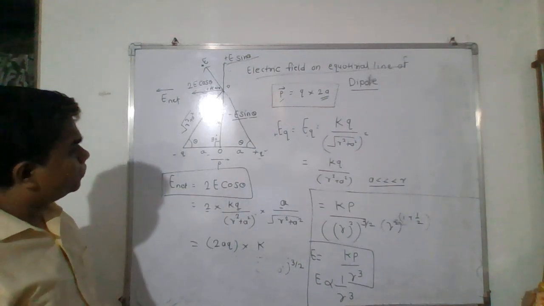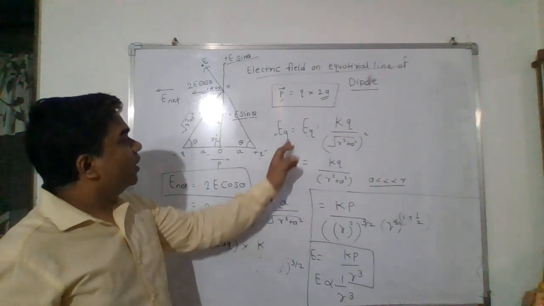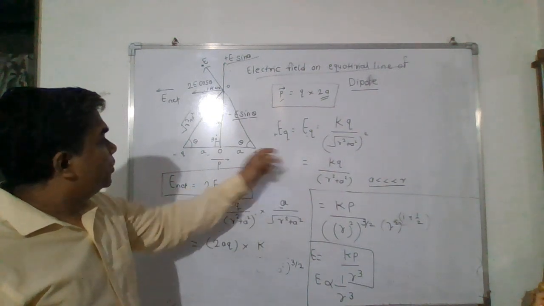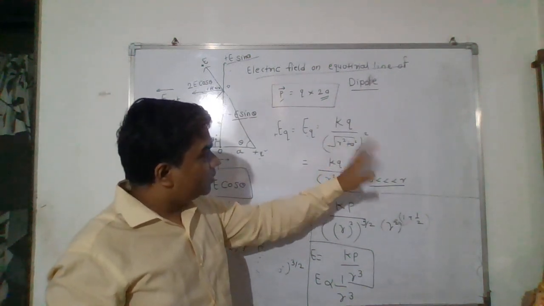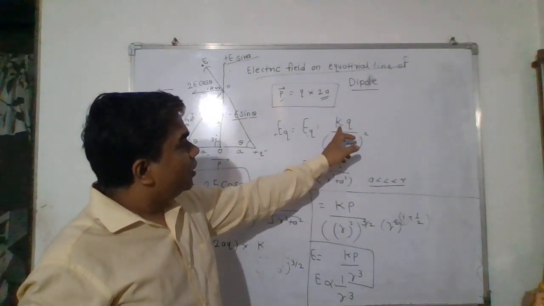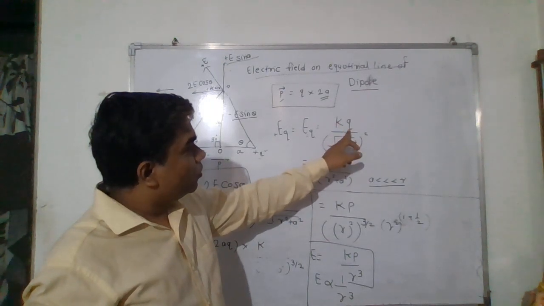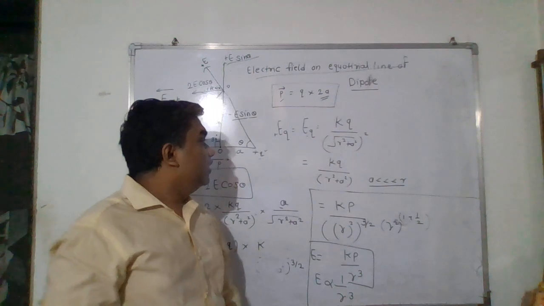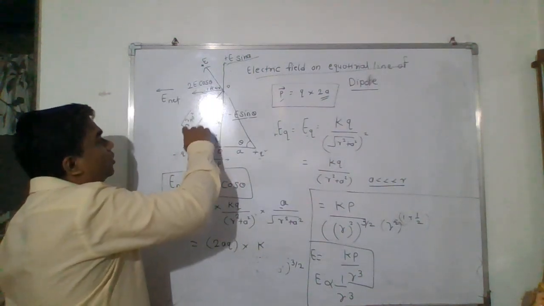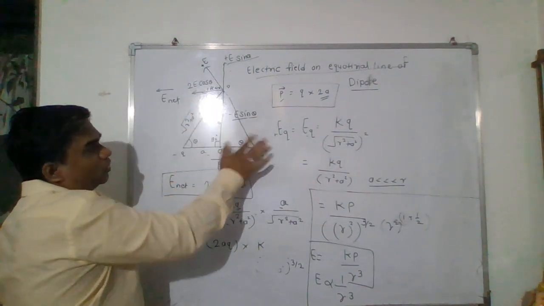Now we also know that the electrical field because of a point charge at a distance, suppose L, we can write as K, the constant 1 upon 4 pi epsilon, into Q upon L square. Here L square is r square plus a square for both the charges.